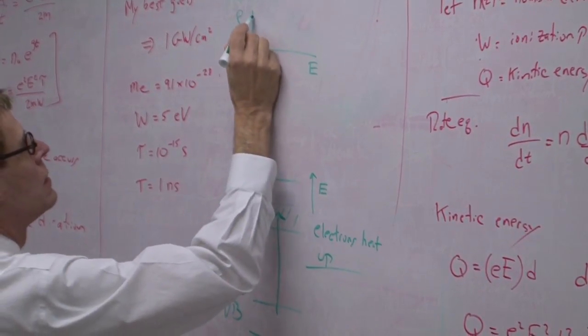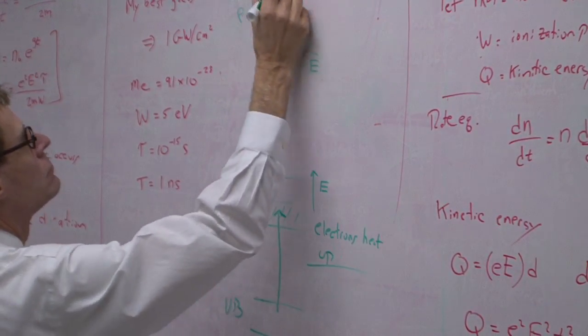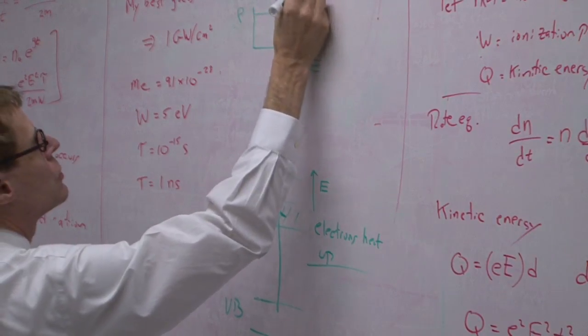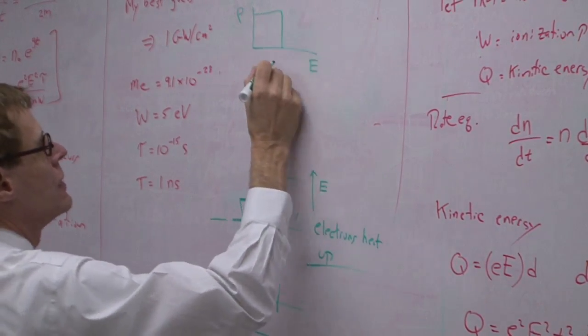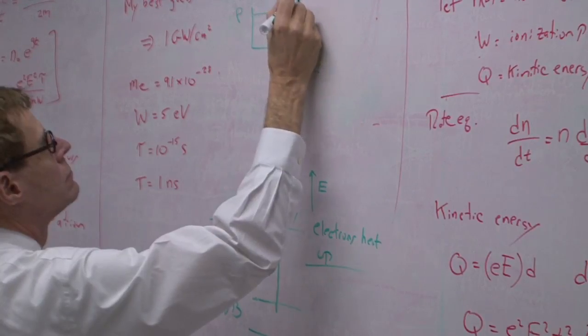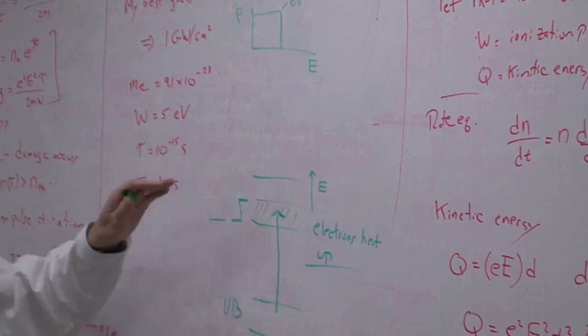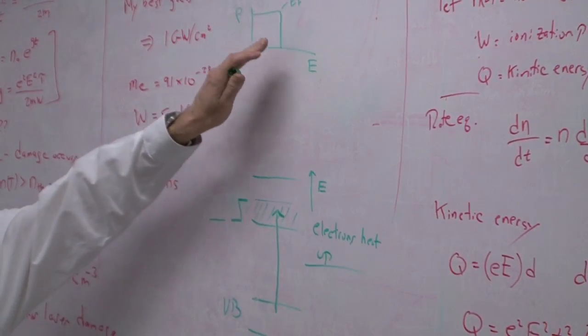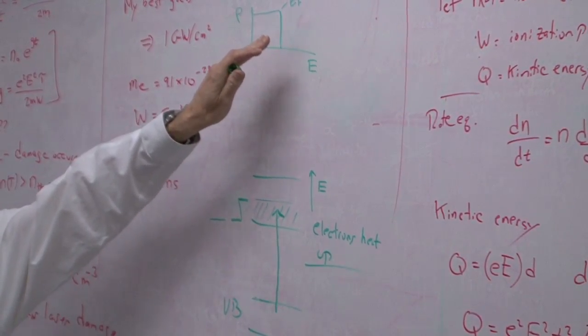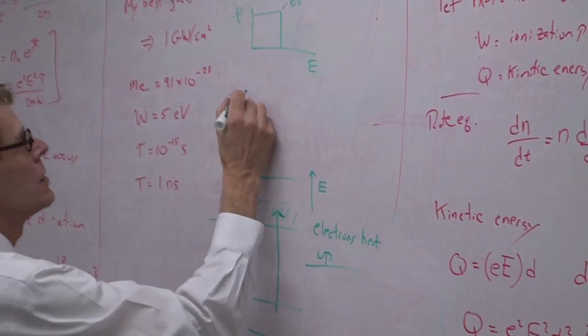So, at a temperature of 0 Kelvin, call this the Fermi energy. So at 0 Kelvin, all of the electron states are filled up until the Fermi energy.